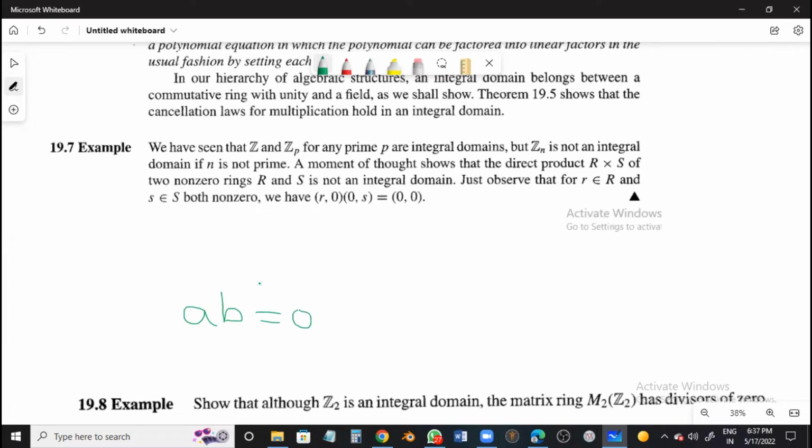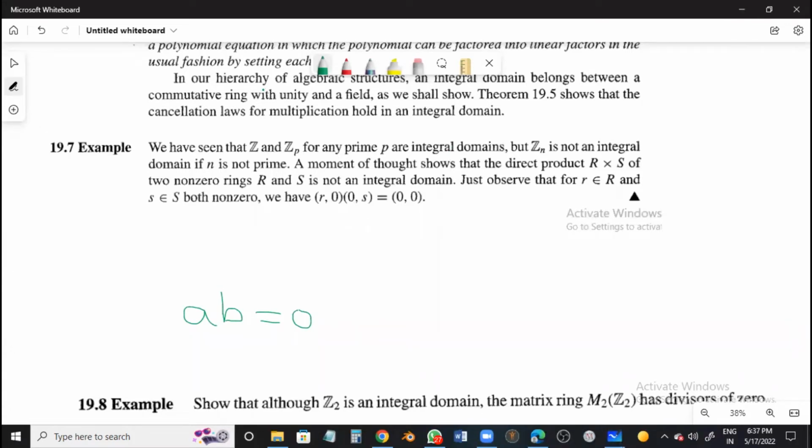Can you tell me any two non-zero integers whose product is zero? It is not possible, and that is why Z is an integral domain. At the same time, Zp for prime p is also an integral domain. So keep this in mind always.